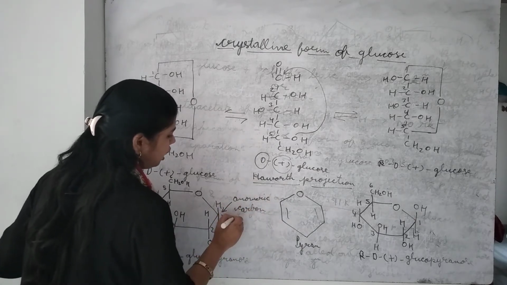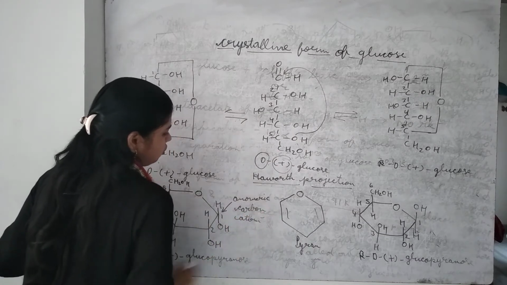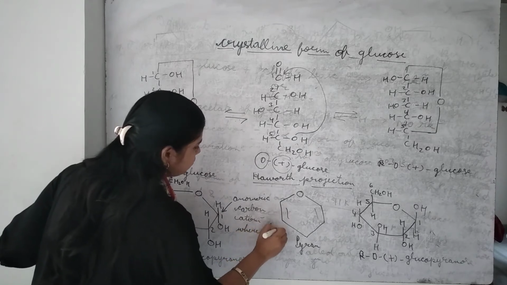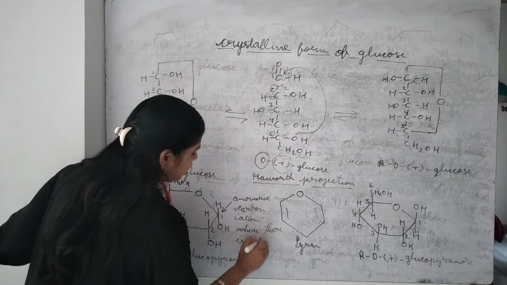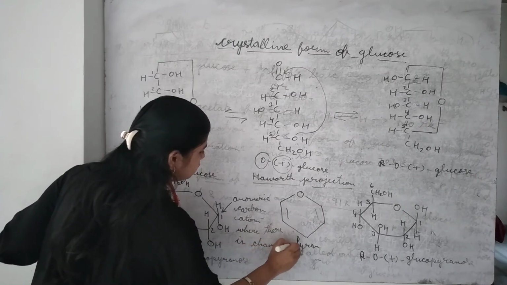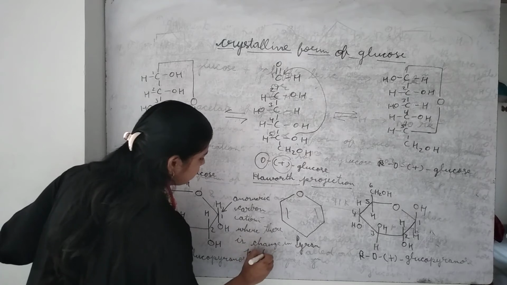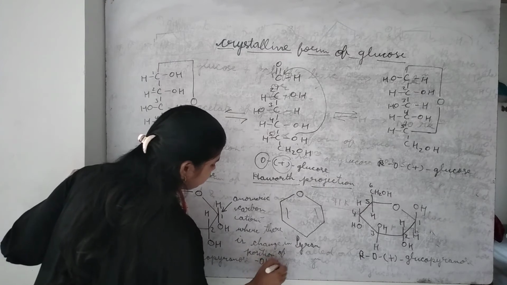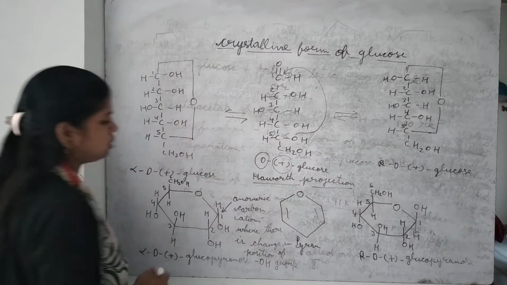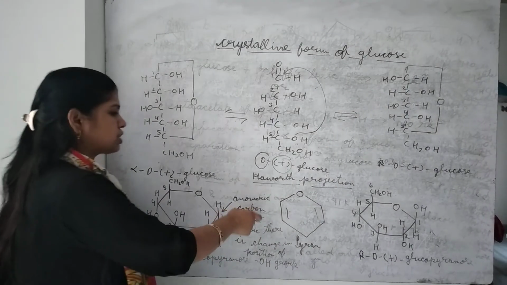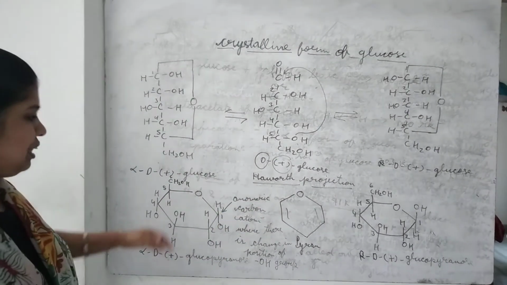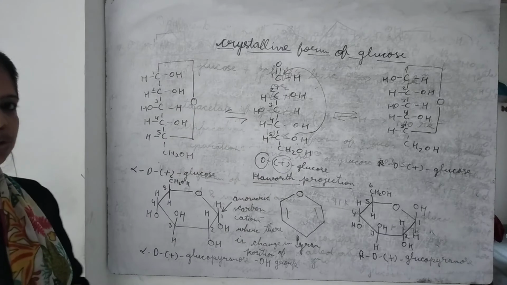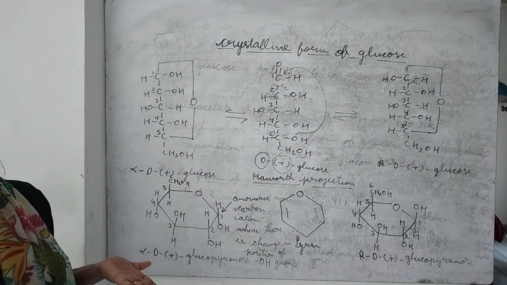Anomeric carbon atom. Where there is change in position of hydroxyl group, OH group, it is called anomeric carbon atom, and these both isomers, alpha form and beta form, are actually hemiacetal forms of glucose.